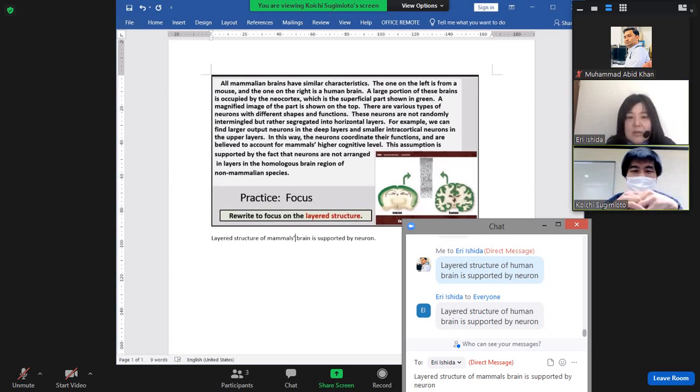So, supported by different types of neurons. Okay. But it is good for a topic sentence? It sounds like a summary, right? Okay, I don't understand.